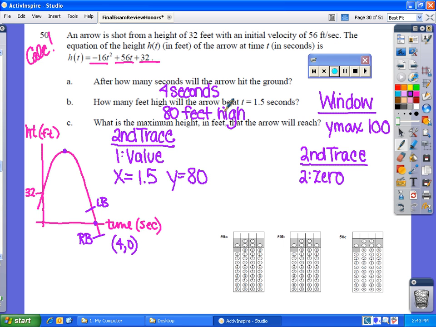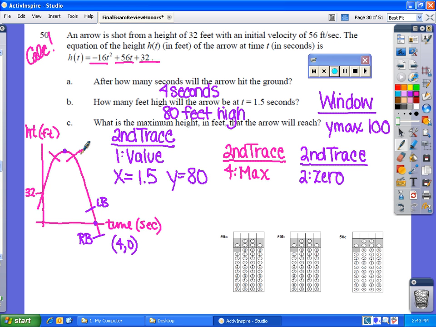The third question, what is the maximum height in feet that the arrow will reach, can be answered using second trace, number 4, maximum. Again, it's going to ask us for a left bound and then a right bound on either side of our maximum point.